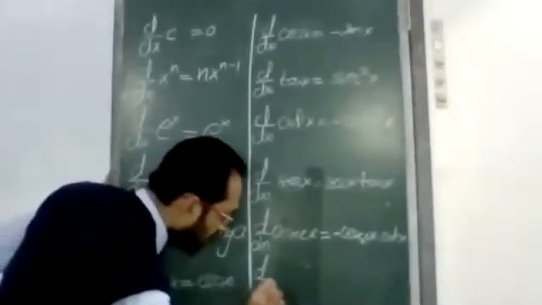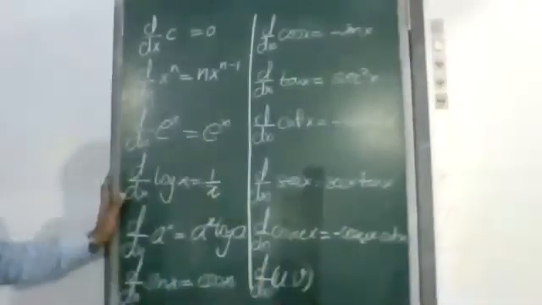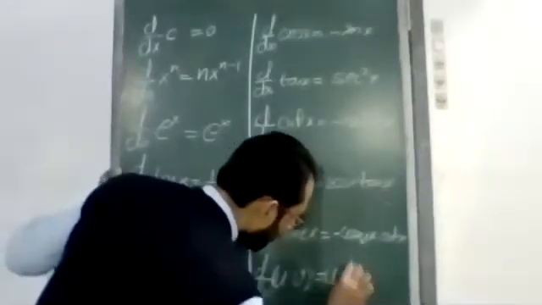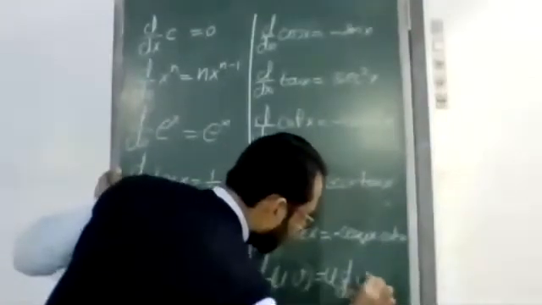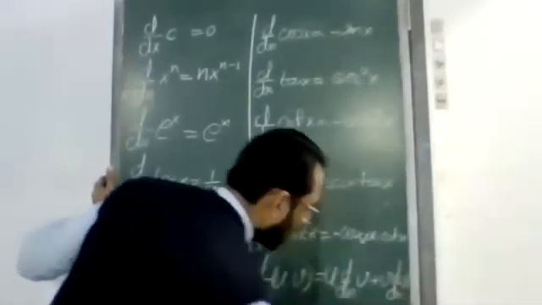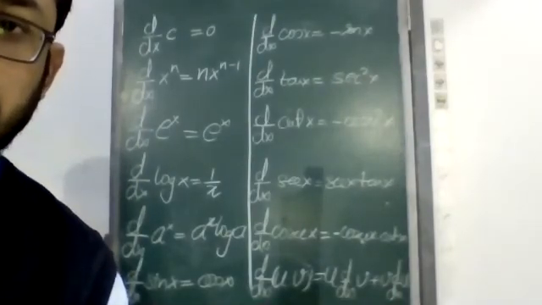Now differentiation in the product rule, u into v, where u and v are two functions. Their derivative is first function into differentiation of second plus second function into differentiation of first. So this is the formula for the derivative of two functions in product form.